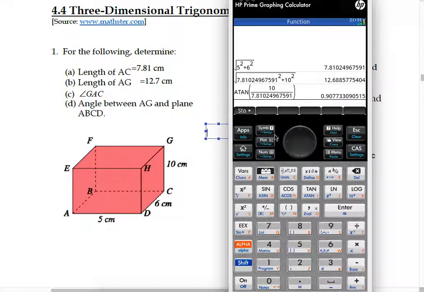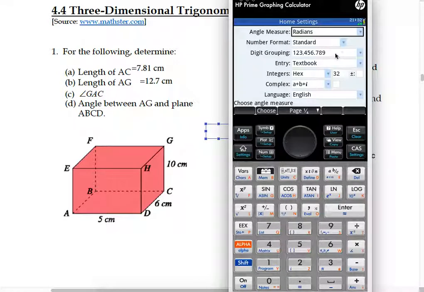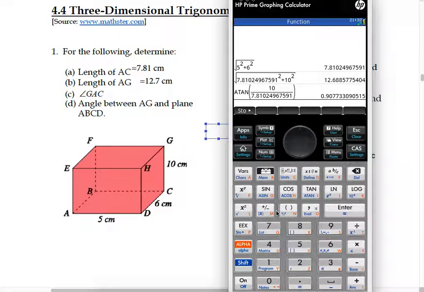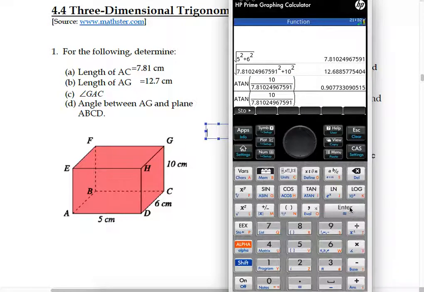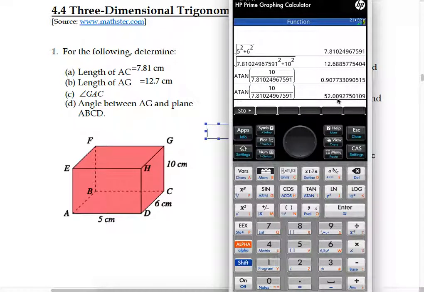So you know what it is. You go to settings, and make sure that your angle measure is in degree mode. So let's go back and do this process one more time. And when we press enter, we get 52.009 and so on degrees.